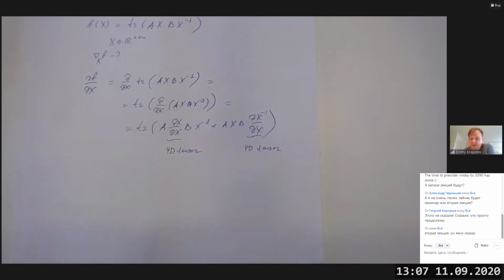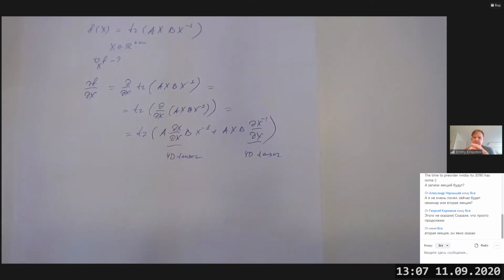However, you see that this leads to changing dimension of intermediate calculations. And if you use some tensor calculus, which allows you to change the dimension of your tensors, in principle, it is possible to calculate the derivative in this way.